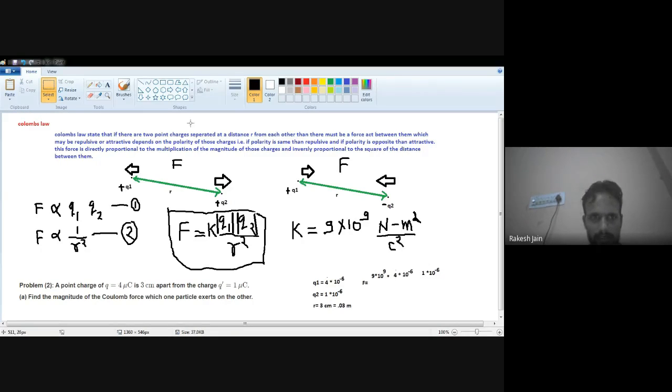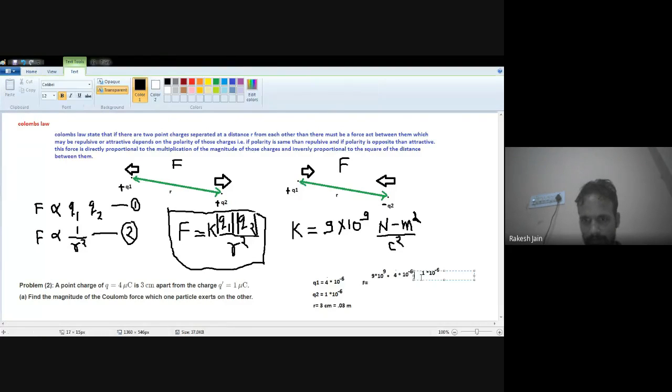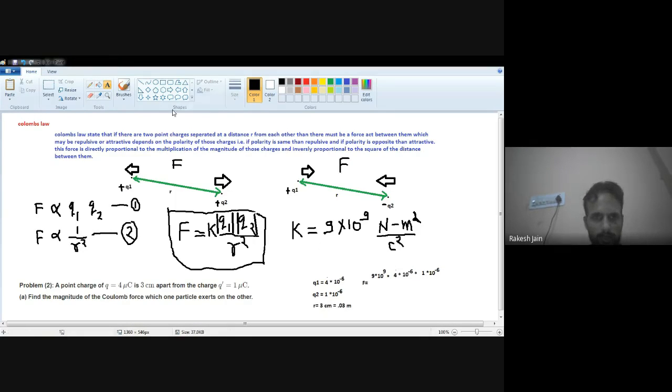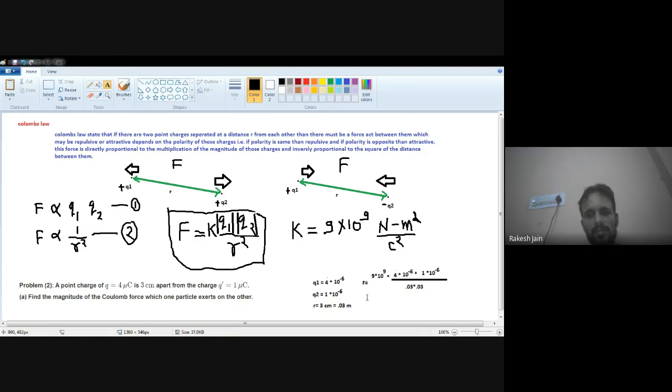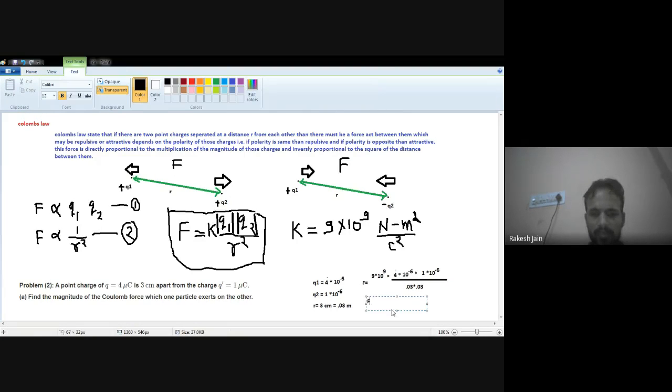And here I just write down the sign of multiplication between them. Okay, so Q1, Q2 divided by R square. So divided by 0.03 multiplied by 0.03. Okay, so with the help of this, we definitely find out the answer of the force.